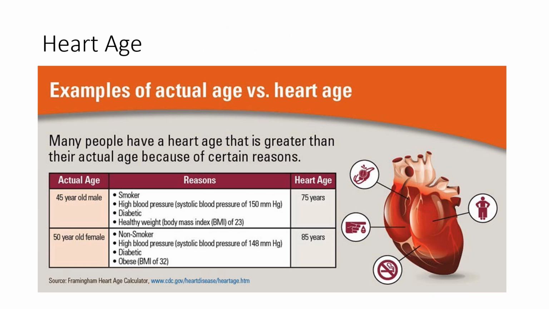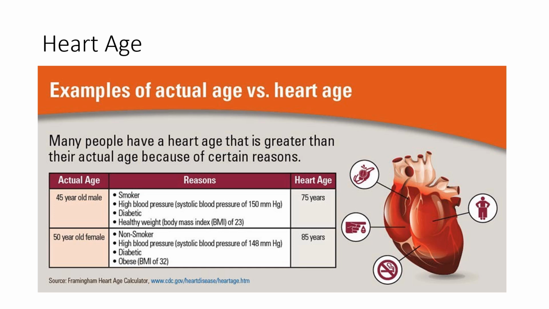And so this slide right here really just gives you an example of how much those modifiable risk factors actually increase the age of the heart. And so if you look at the graph that is shown on this slide, you'll see that they give you an actual age of a heart. So we're talking about a 45-year-old male.